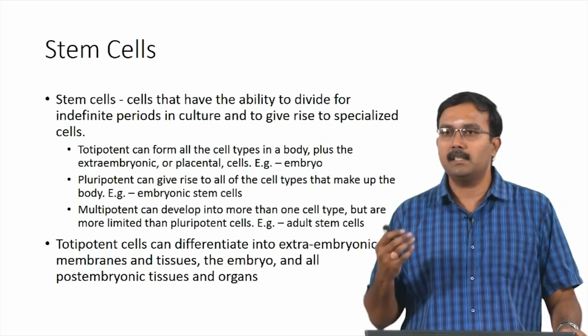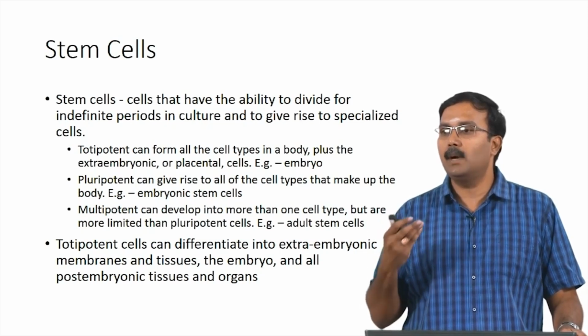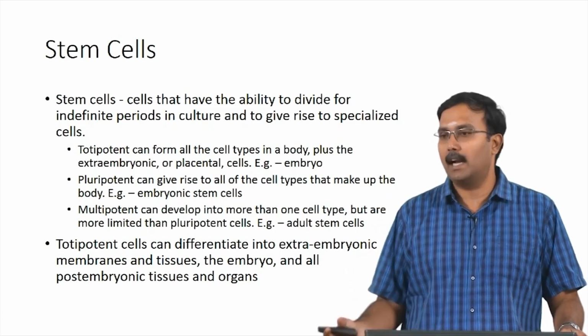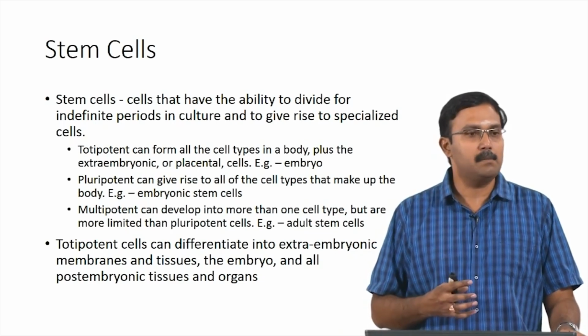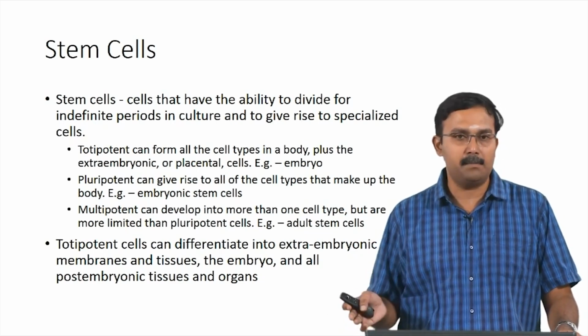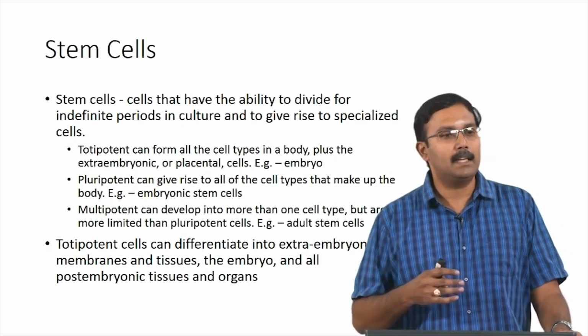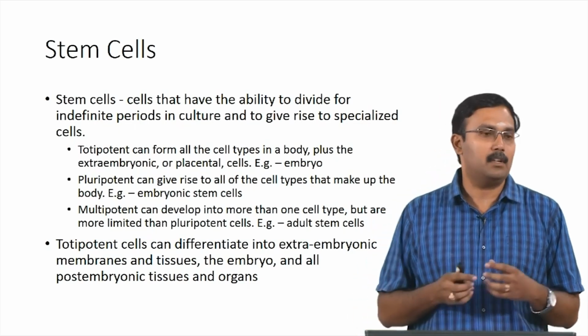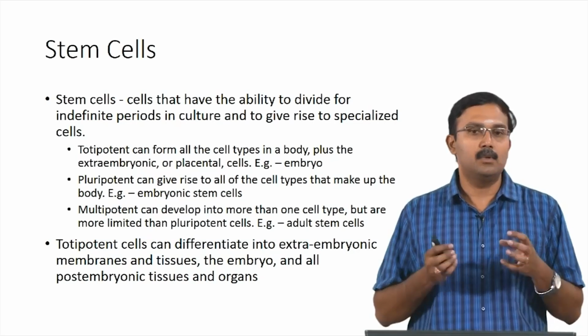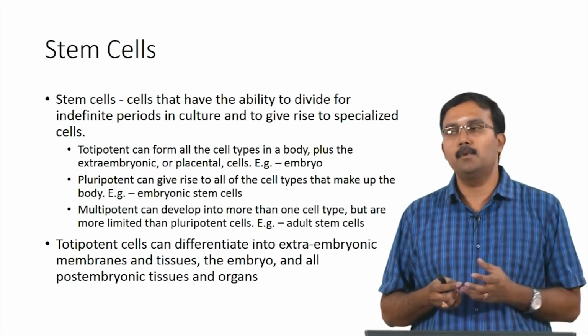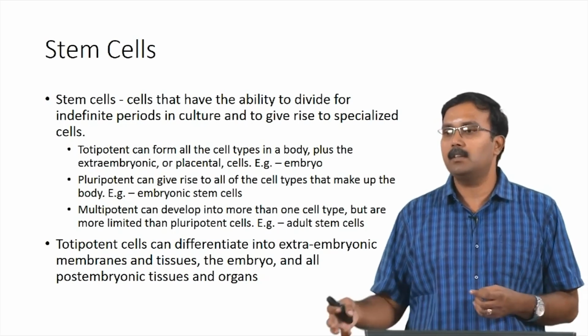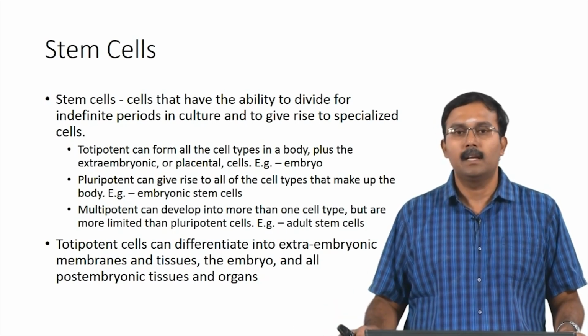The totipotent stem cells have the ability to develop into a whole organism, whereas the pluripotent stem cells can form all the cell types in the body, but they cannot form the extra embryonic or the placental cells. So, those are the pluripotent stem cells.